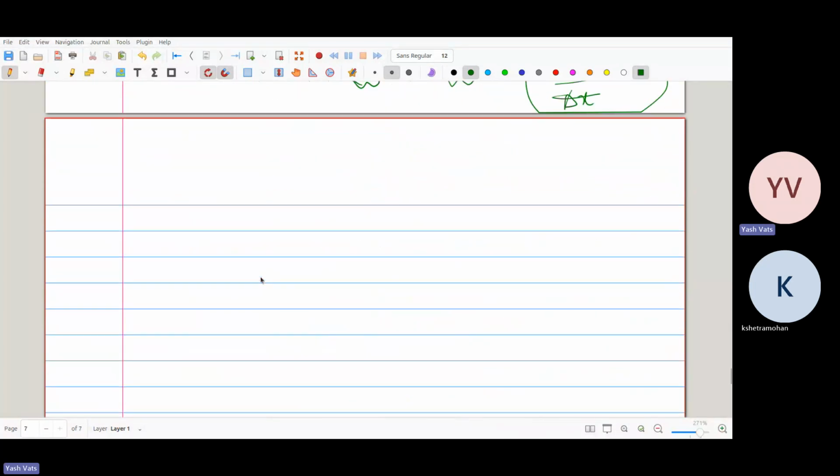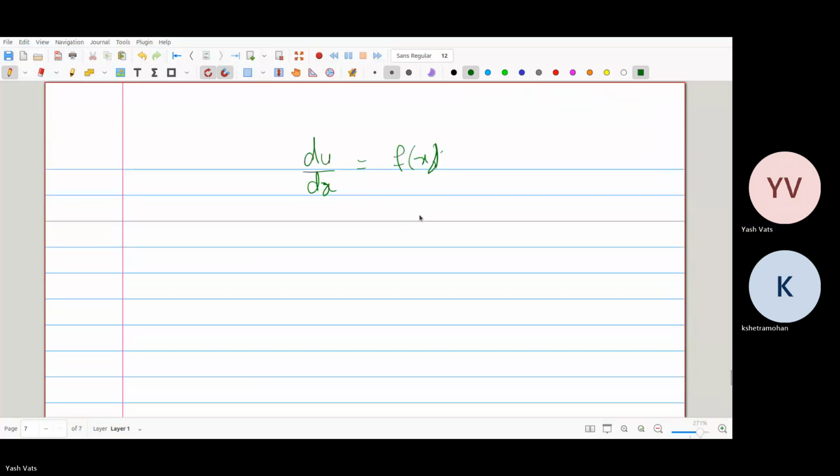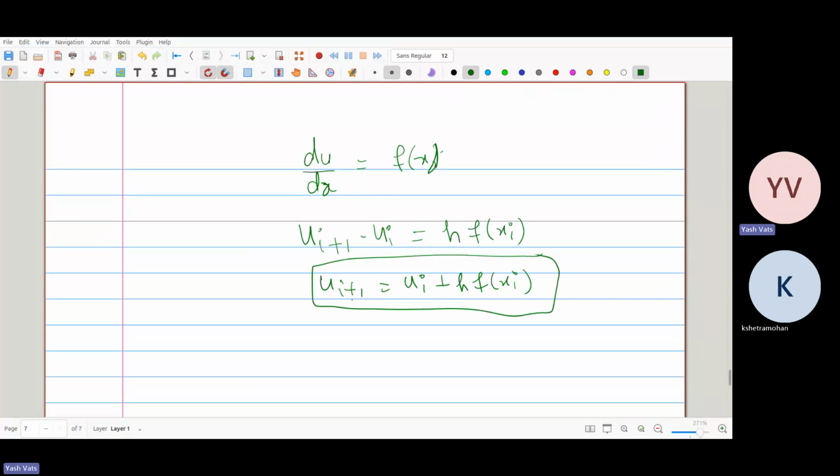If I give you a simple example of an ODE, du/dx equals f(x), and you discretize it, then you have u_{i+1} minus u_i equals h times f(x_i), or u_{i+1} is u_i plus h times f(x_i). So this scheme is explicit.